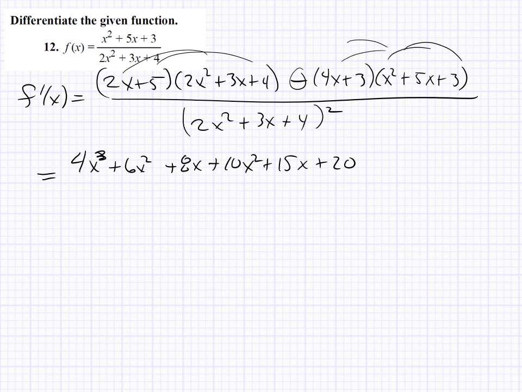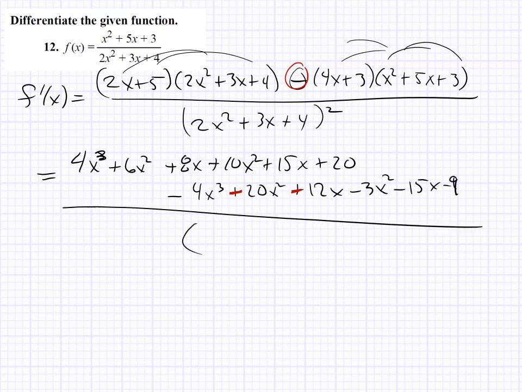So you're going to get, I'm going to run out of room here, so I'll start putting it here. Negative 4x cubed plus 20x squared plus 12x. Oh, sorry, all these are minus. All these are minus because of this negative. And then we have minus 3x squared minus 15x minus 9 all over that denominator squared.